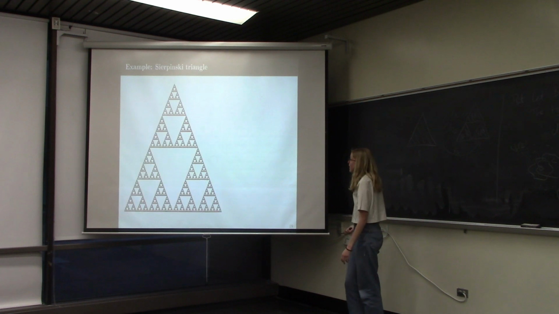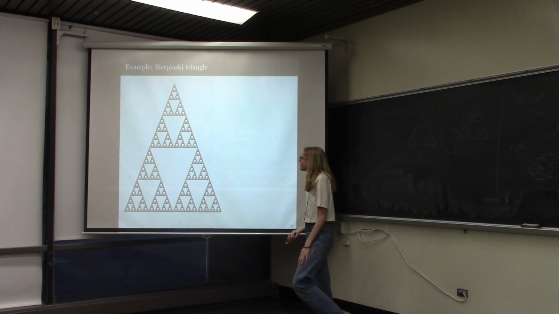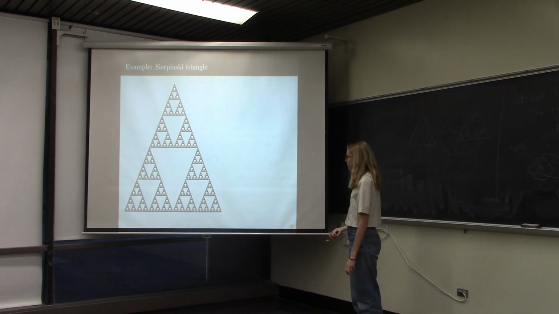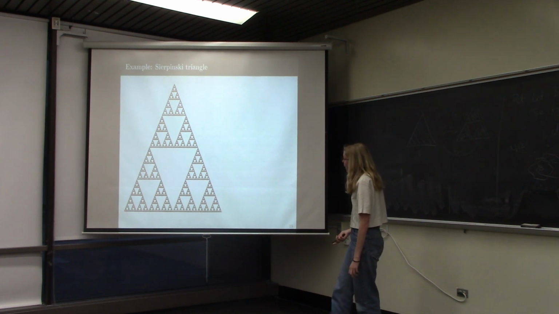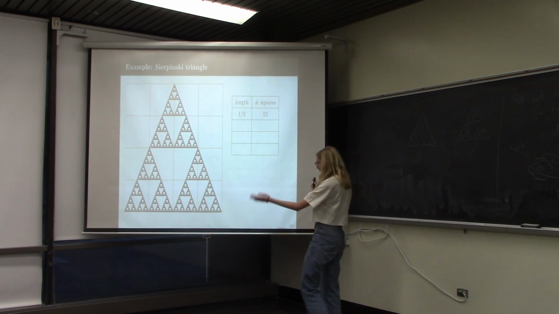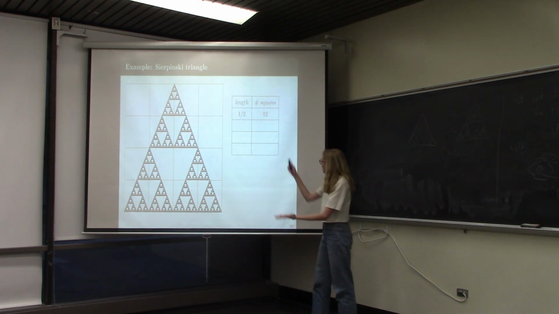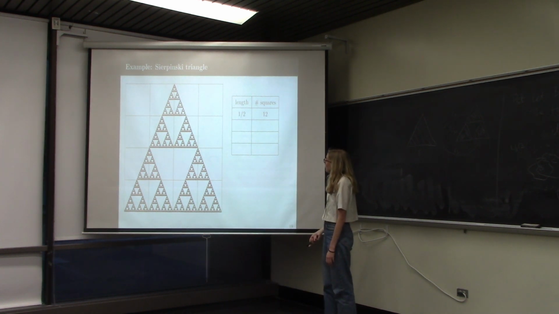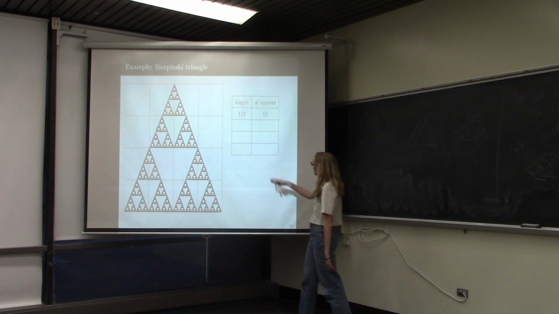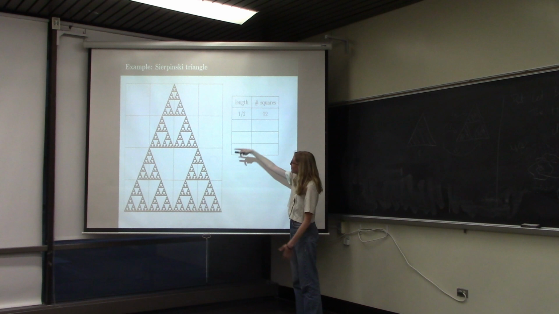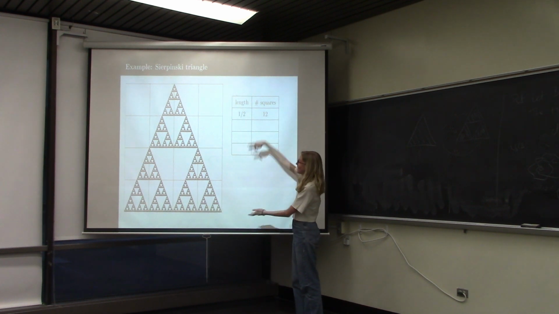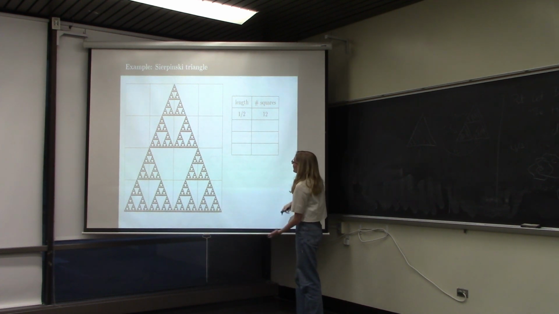Let's do maybe another example, the Sierpinski triangle. We can again do the exact same computation. We make squares of like 1/2. So here I started with a Sierpinski triangle which has height 2, I guess.